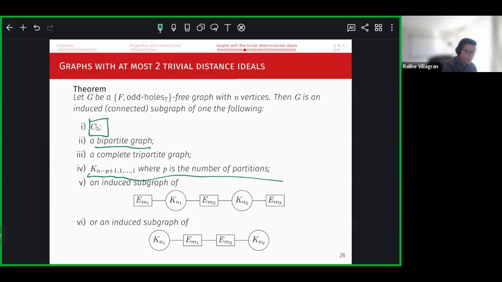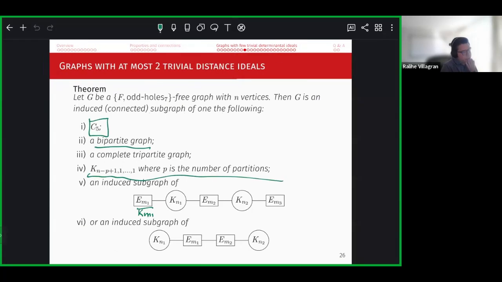Or it looks like this, right? So this is an independent set, and every one of these edges means that every vertex here is connected with every vertex here, and so on. So it looks like 5 or 6.